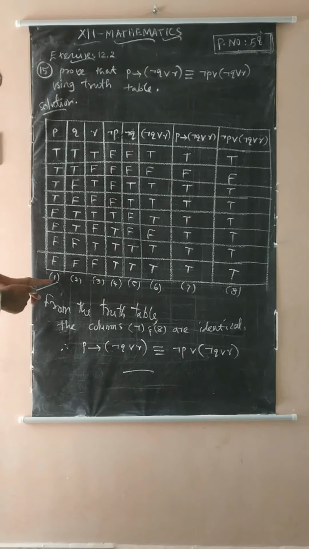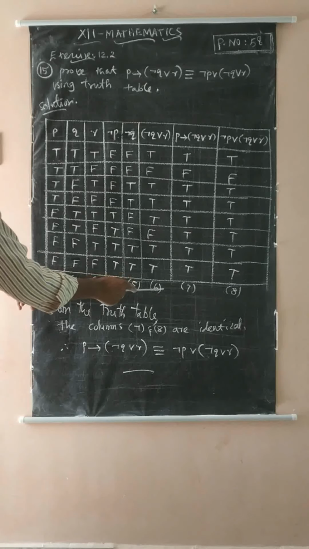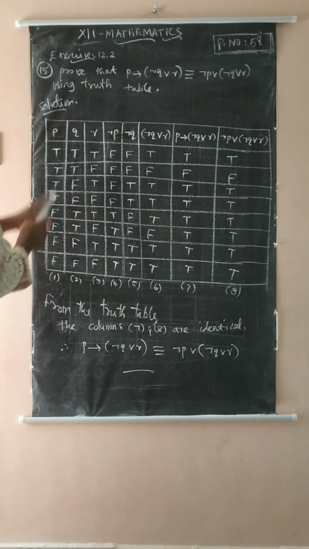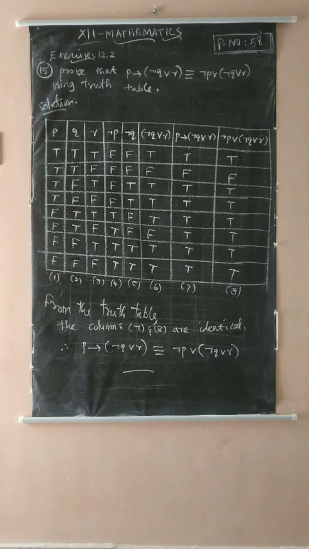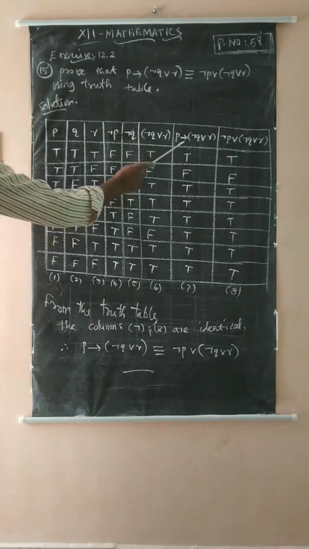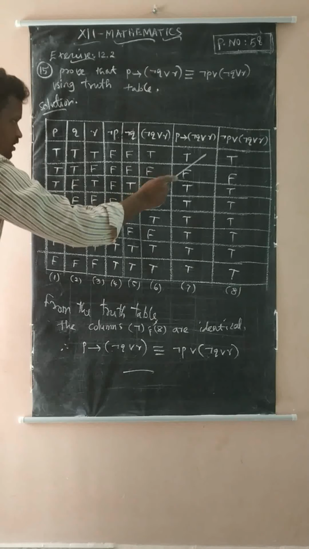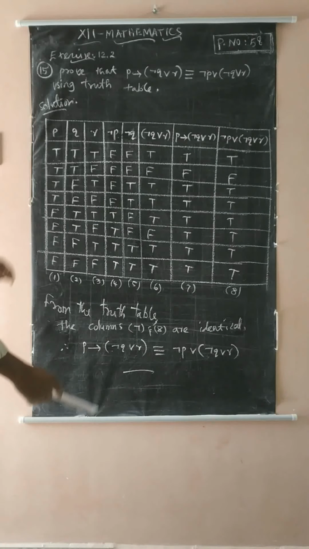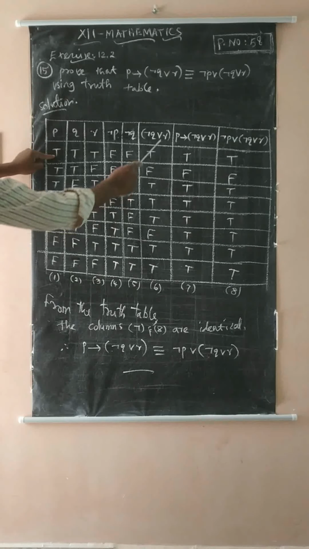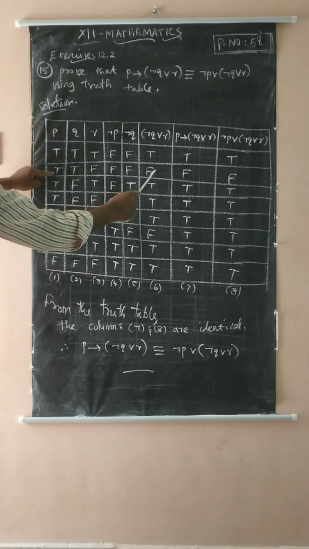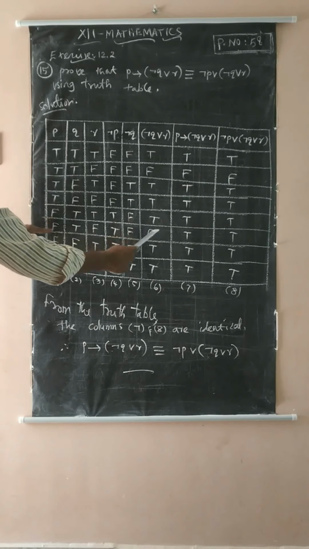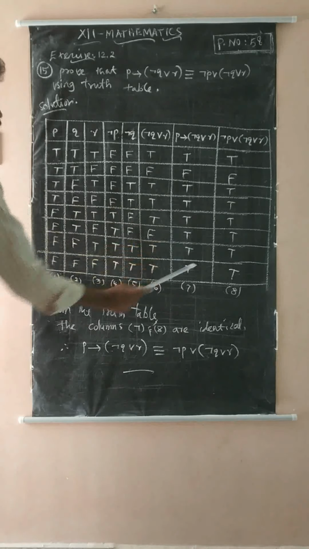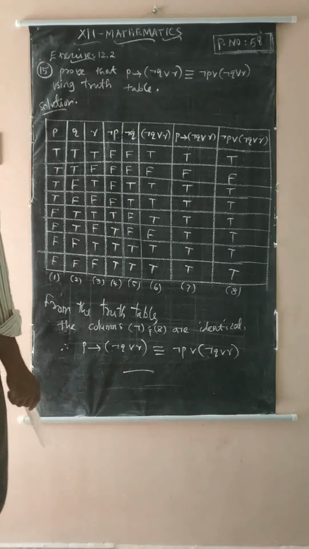P means the first column, and then the sixth column, through the conditional. Conditional statement rule: if the first is true and the second is false, then the conditional is false, otherwise true. So here false; the remaining are true.